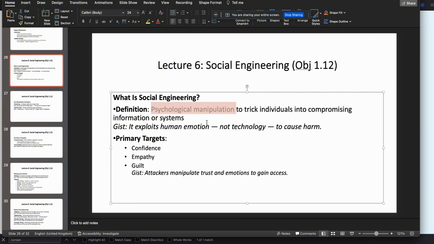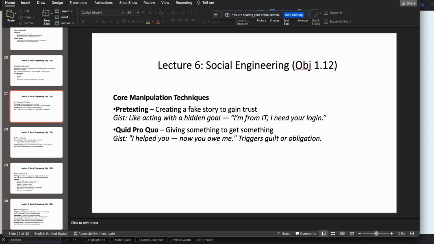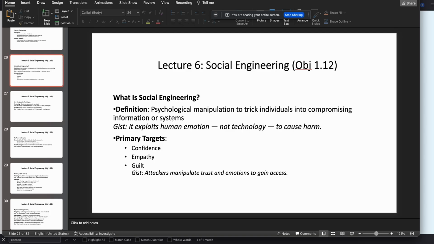Can you say? Why do people get into the trap of social engineering attacks? Yes, perfect. Greed is the main thing for social engineering. If you have greed, that is the reason people get into it.